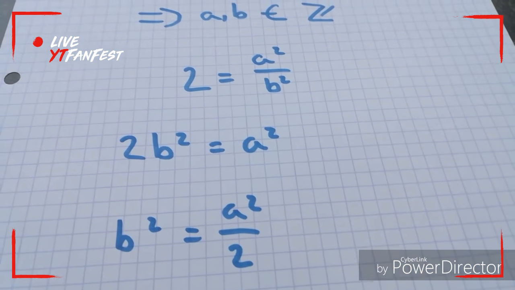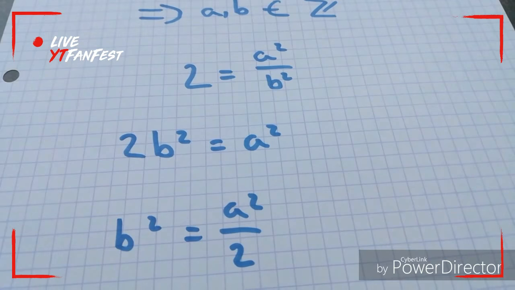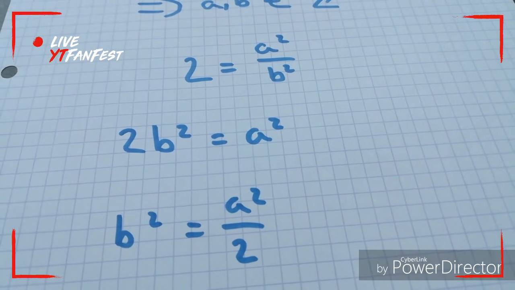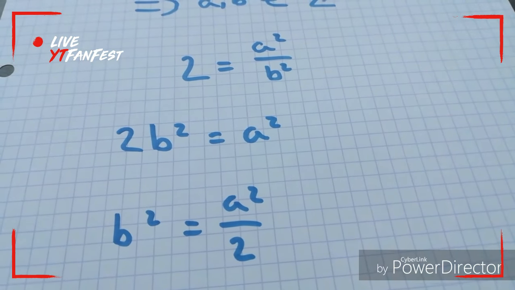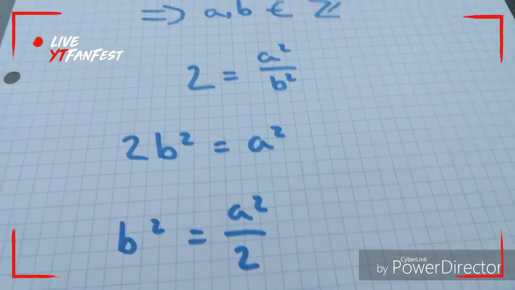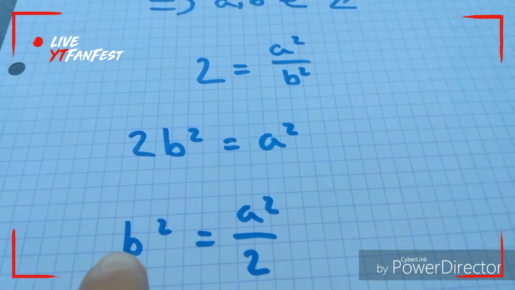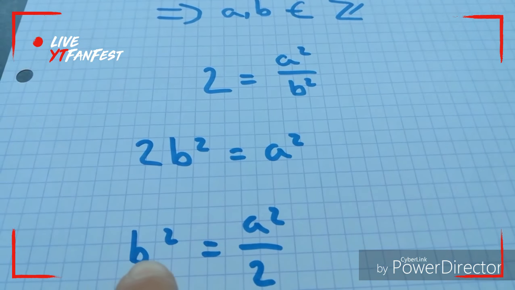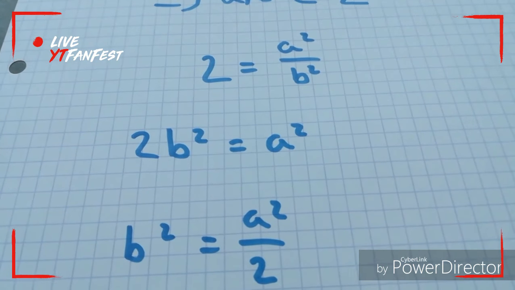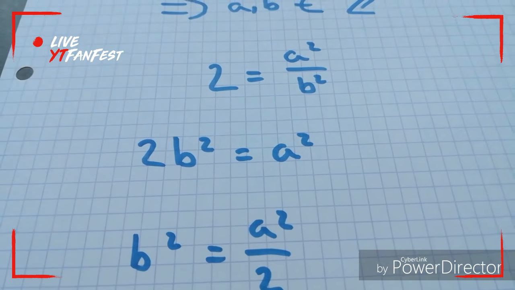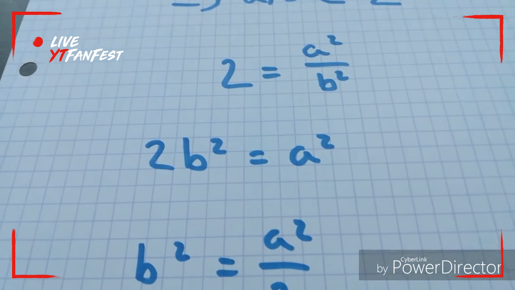That means a must be an even number. But if a was odd, for example 9 squared is 81, divided by 2, that doesn't work with b, because b can't be 4.5 because it's squared, and b is an integer.